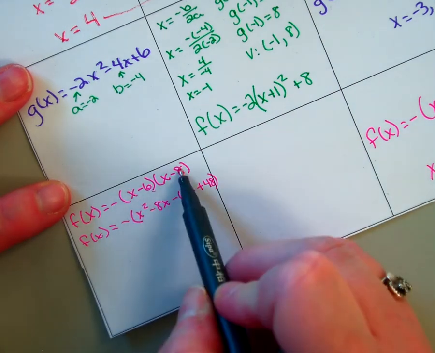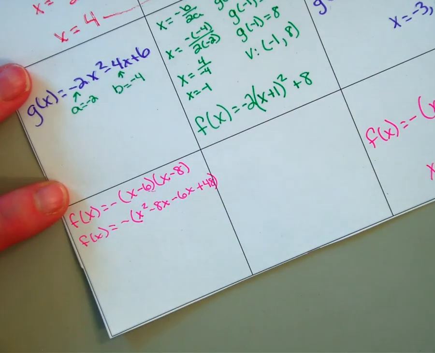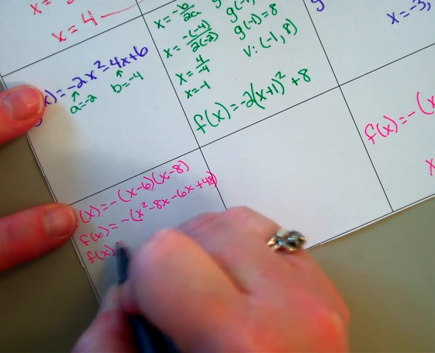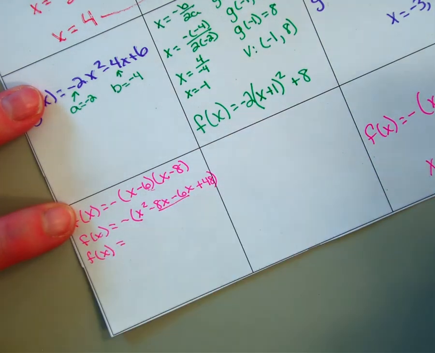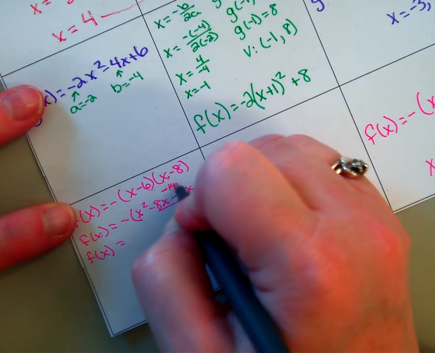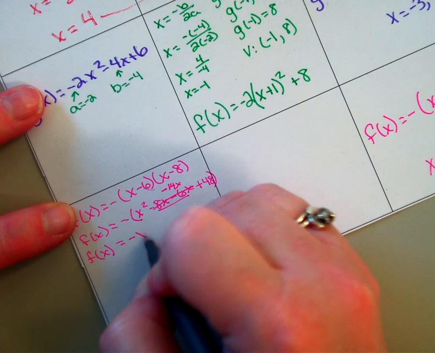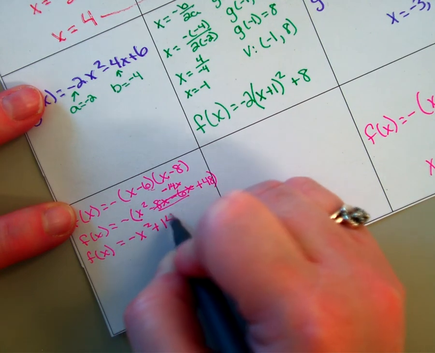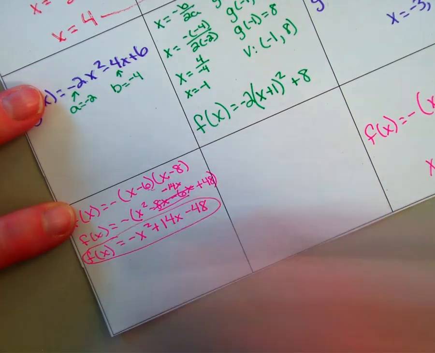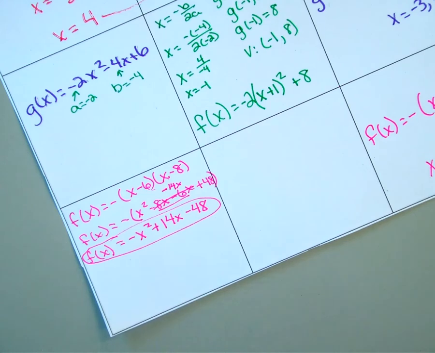Distribute the x to both, distribute the 6 to both. So negative 8x and negative 6x gives me negative 14x. And then I'm going to negate everything. And there's my standard form. So negative x squared plus 14x minus 48.